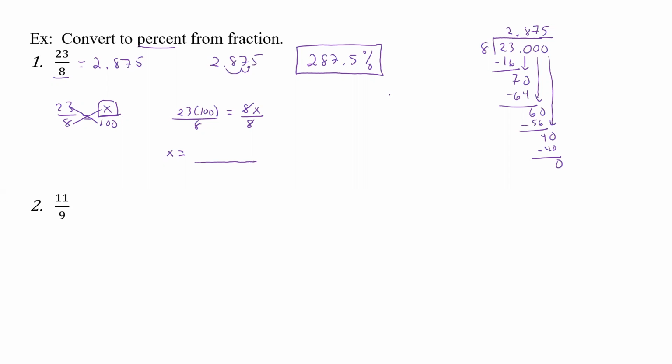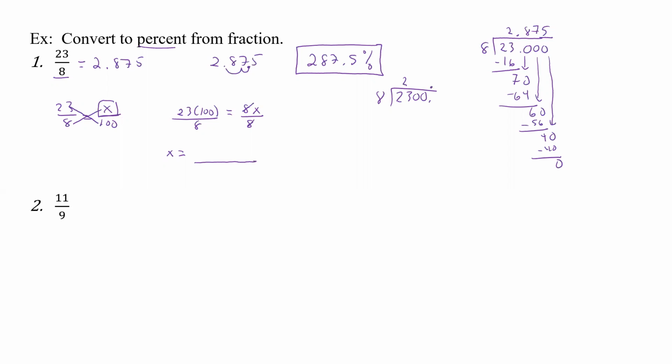So 2300 divided by 8. If you notice, all we're really doing is moving the decimal place over to here, so that gives us 287.5, but we'll go ahead and do the whole shebang here.